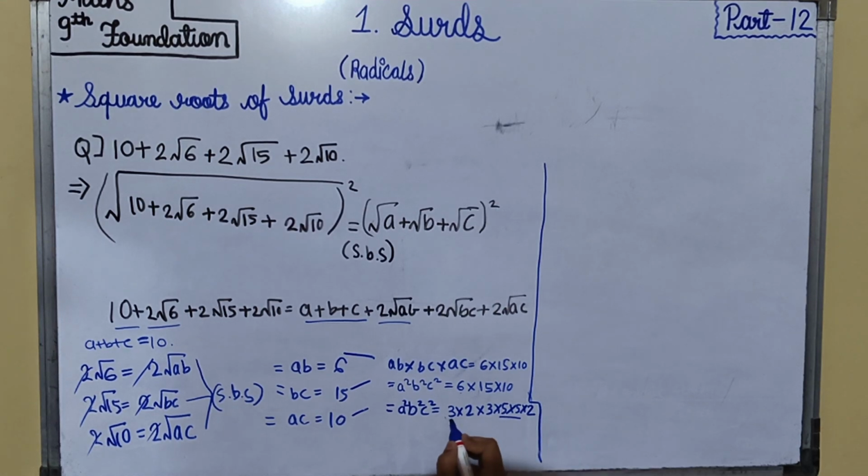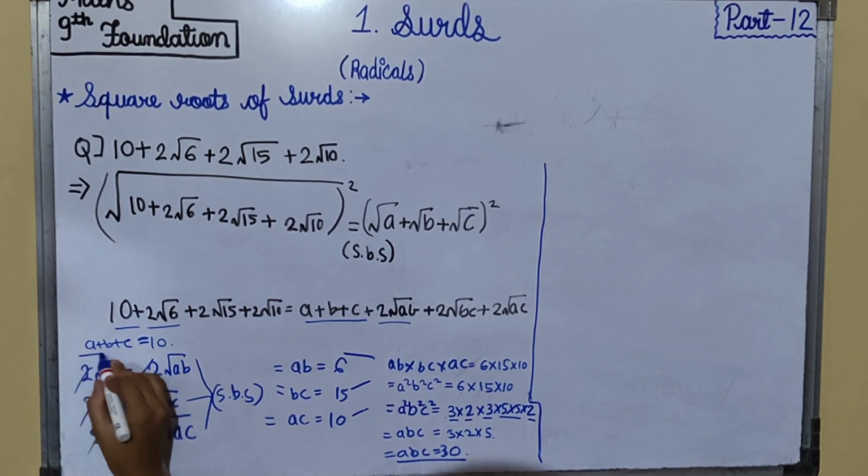This 5 we can take out, this 2 we can take out, and this 3 also. So the value of abc will be equal to 3 into 2 into 5, means abc will be equal to 5 into 3, 15, into 2, 30. So a plus b plus c will be equal to 10 and abc will be equal to 30.